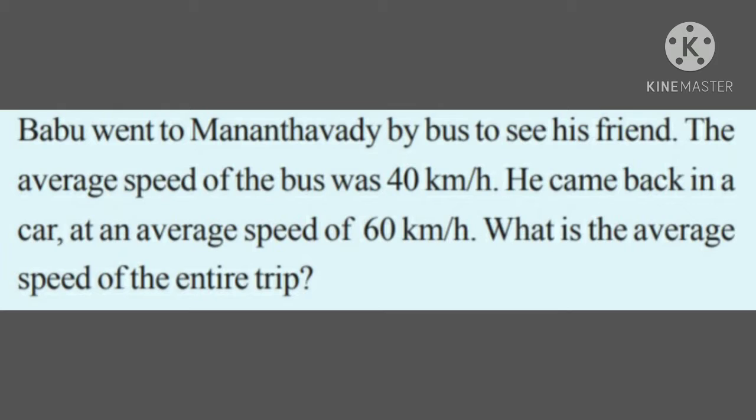Next question. Babu went to Manandavadi by bus to see his friend. The average speed of the bus was 40 km per hour. He came back in a car at an average speed of 60 km per hour. What is the average speed of the entire trip?